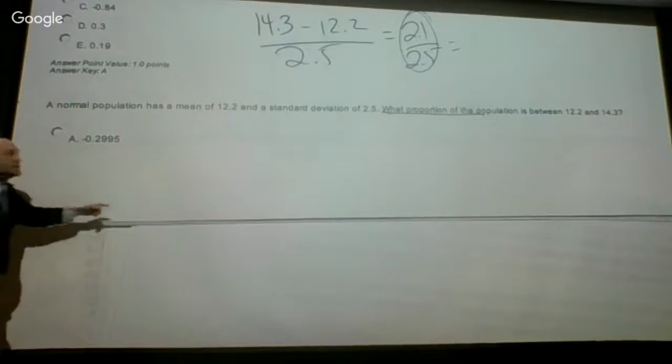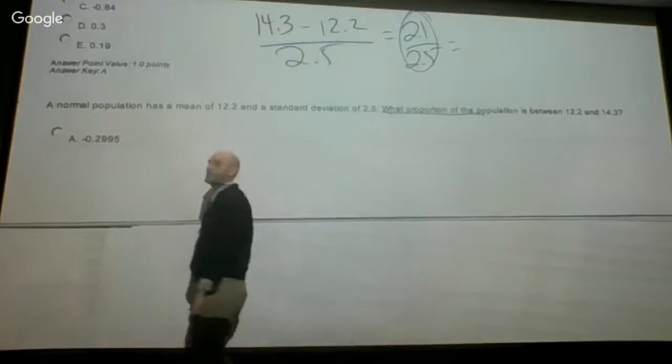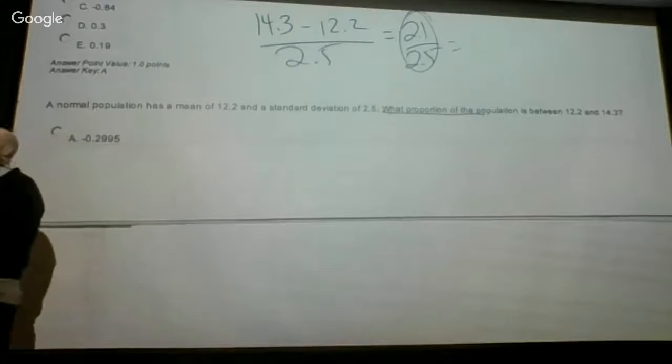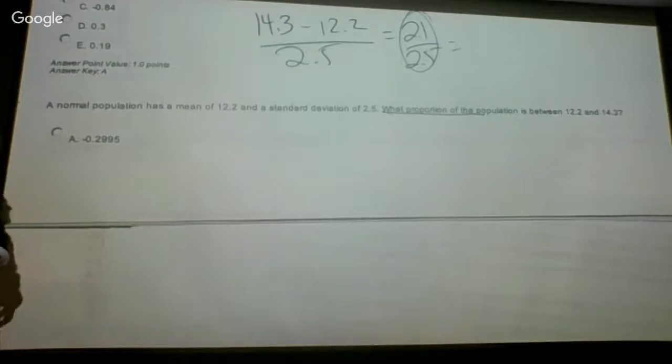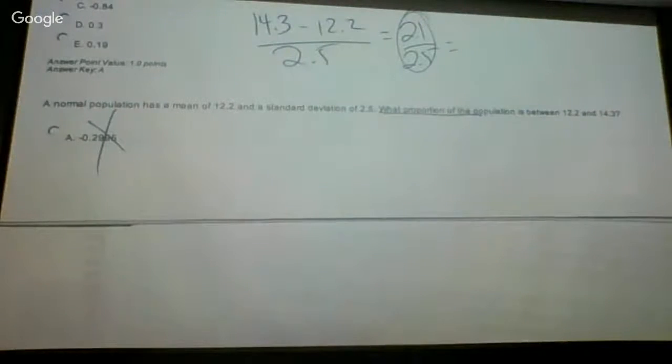I see what proportion. Therefore, proportion must be the destination, and I have to start with some raw score. I already know that can't be the answer. Why can't negative 0.2995 be an answer? Caitlin? Can't be negative. A proportion can't be negative.